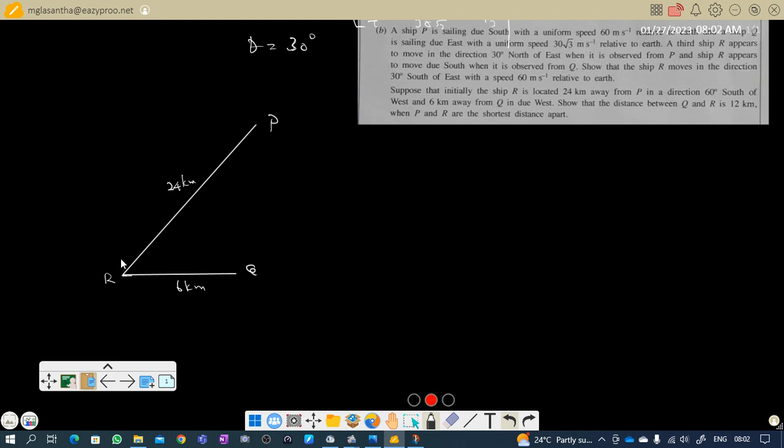But you know that P is moving in this direction, but you need the relative velocity path.